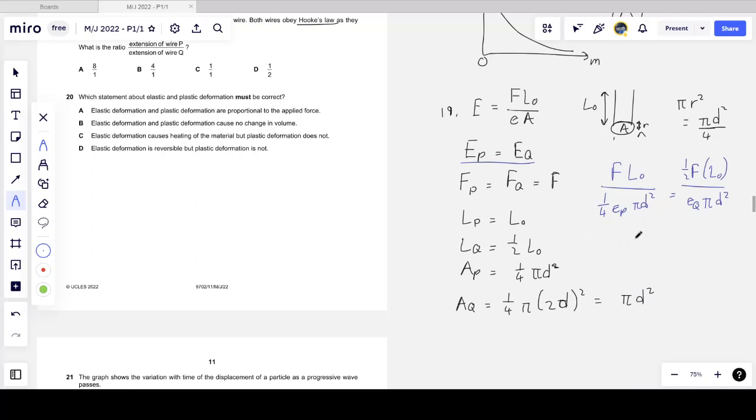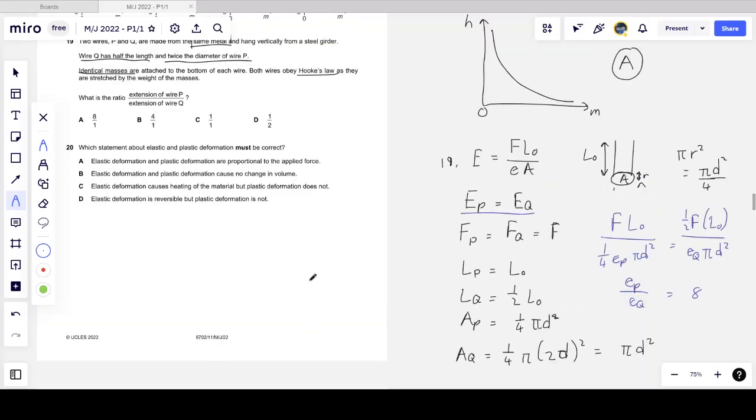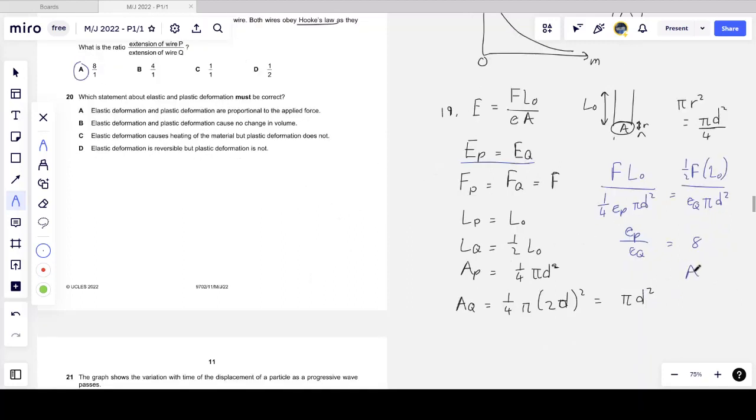And if I do a little bit of rearranging here, I'm left with the ratio of the extension of P to Q, EP over EQ, is equal to 8. And so the extension of wire P is 8 times that of Q, 8 over 1, which corresponds to option A.